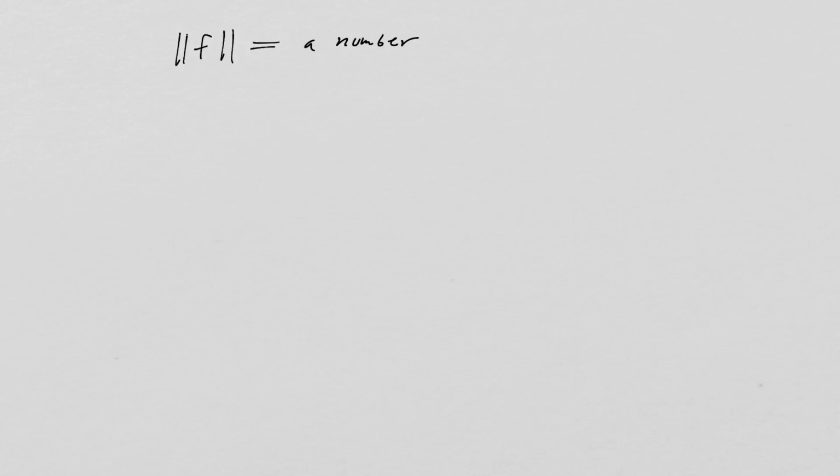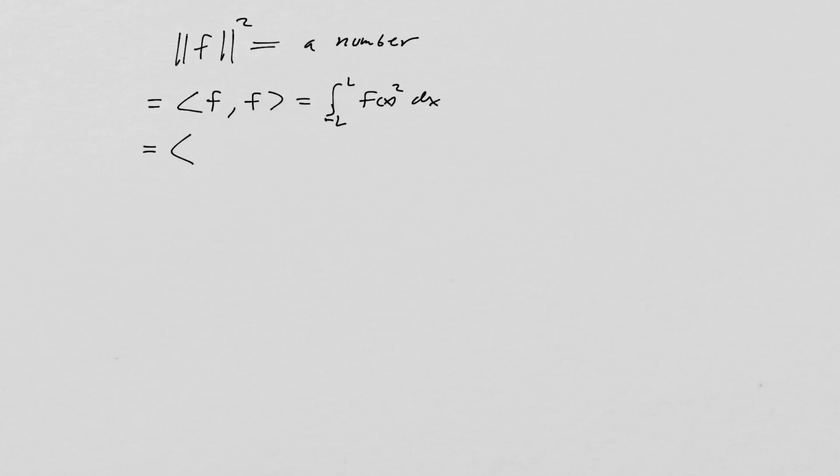Another way we can look at it is the squared magnitude, which we can write as the inner product f comma f, or the integral from negative L to L of f of x quantity squared dx. Now let's see if we can represent this as a Fourier series.